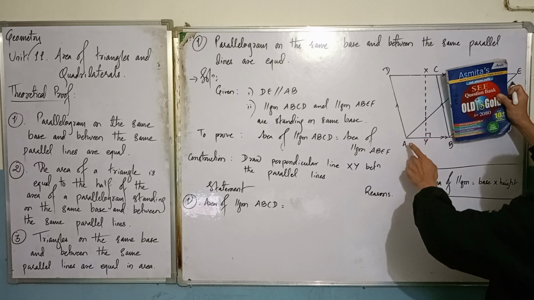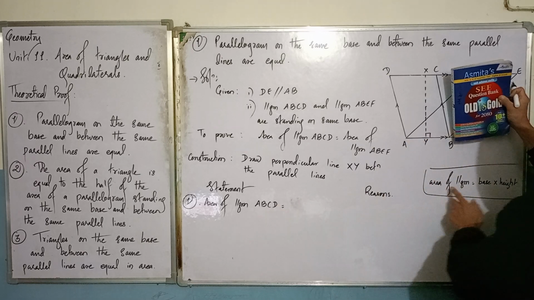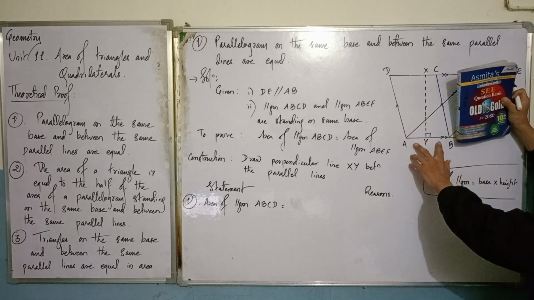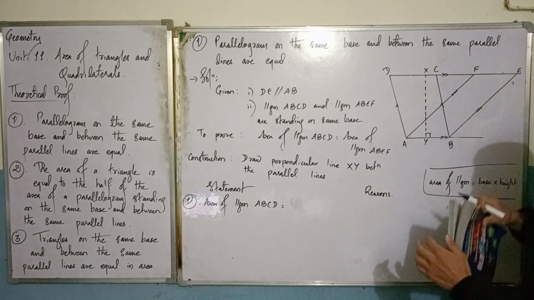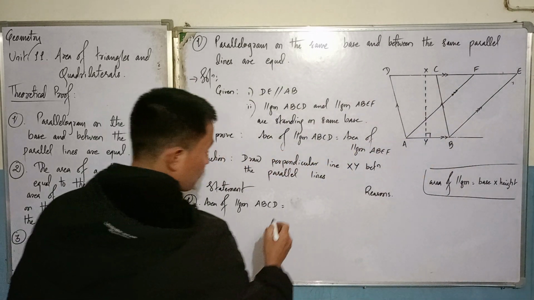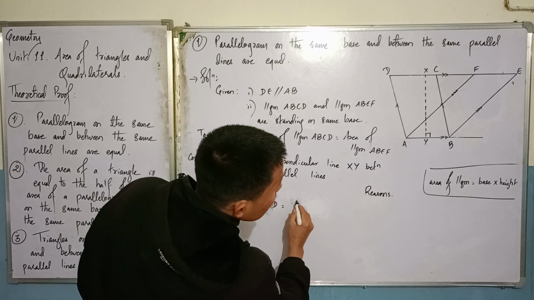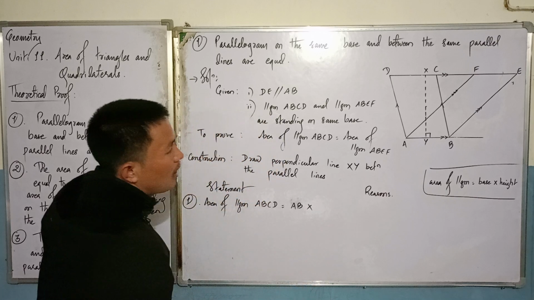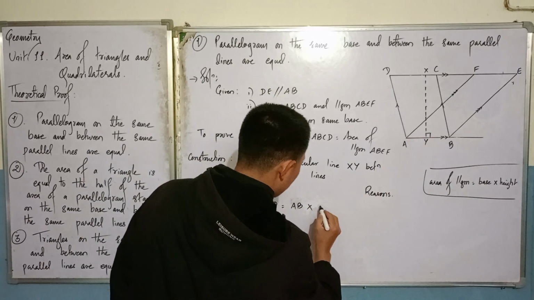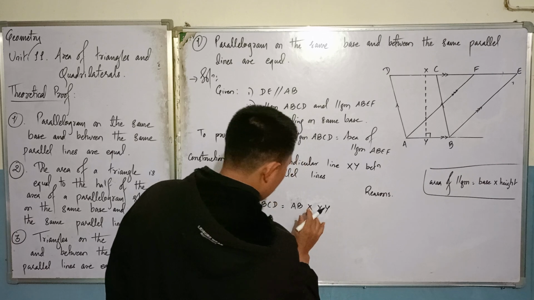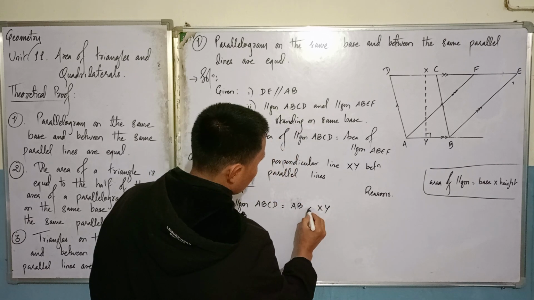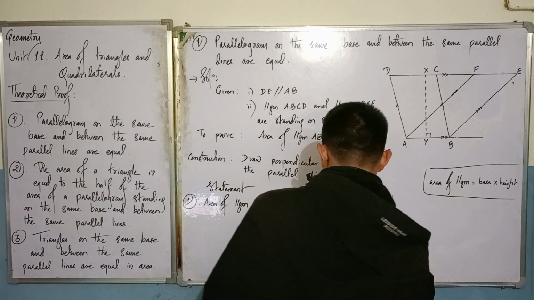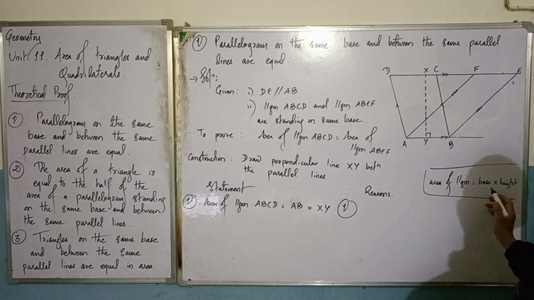So I'll write here: base is AB multiplied by the height XY, AB times XY. The reason is that the area of a parallelogram is base into height.